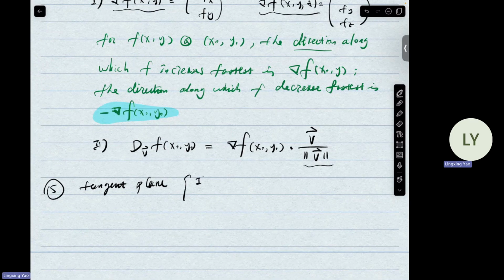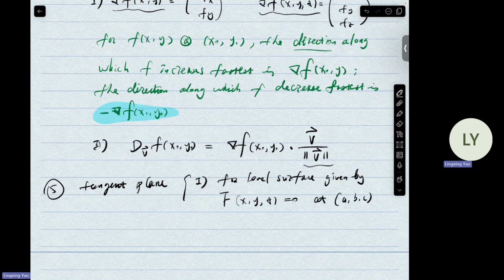We have one tangent plane for a level surface given by capital F of x, y, z equals 0 at this point A, B, C.